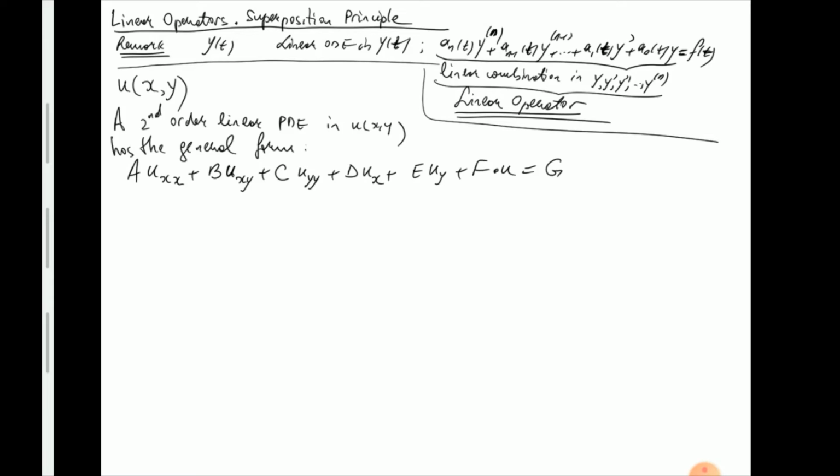And again, u stands for u of x,y, and these can be any constants, including 0.